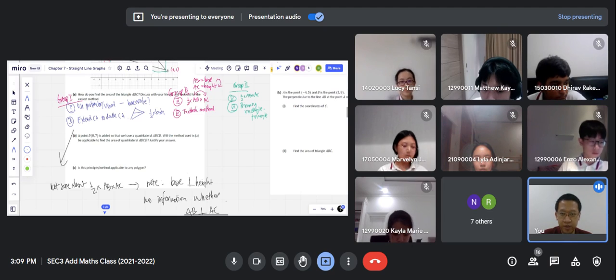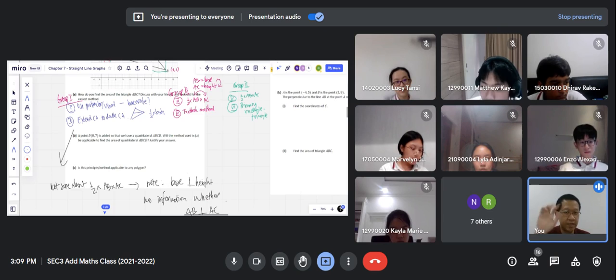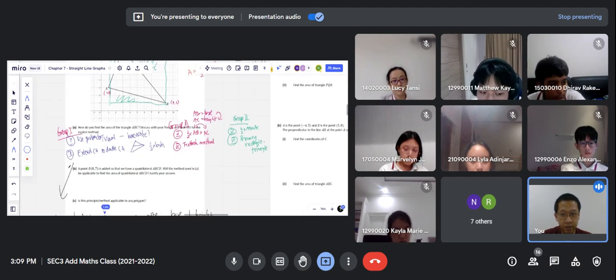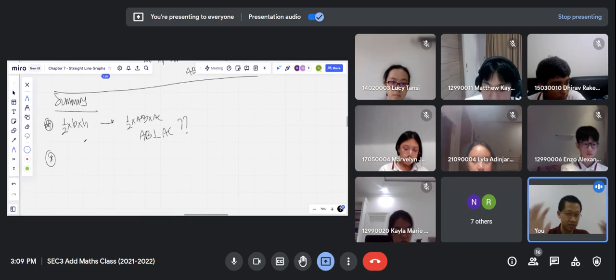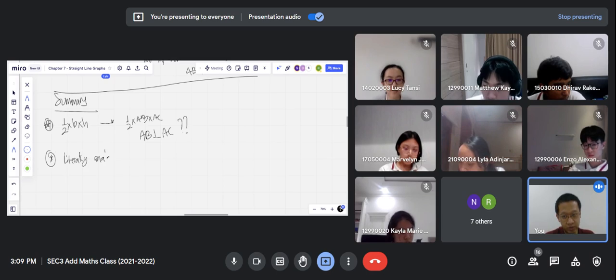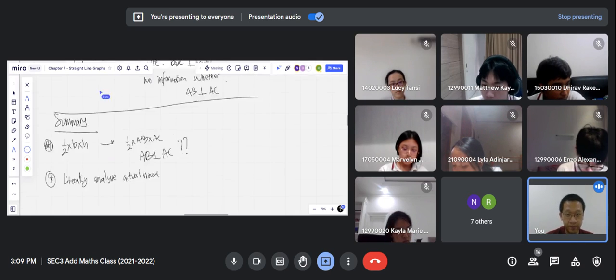I think your method also involved extending the CA, right, Kayla? So let's keep that as one method. The second method, which Aaron proposed, is to do it visually. You literally analyze the actual visual, and that's also possible.